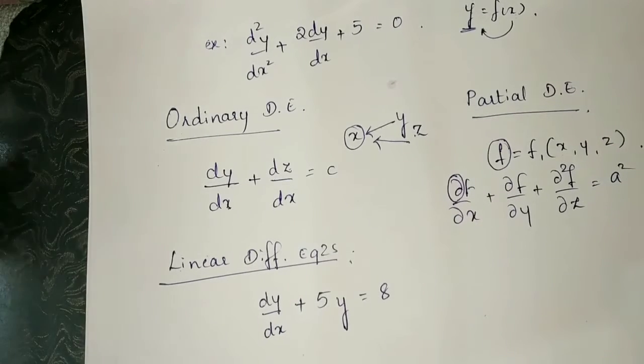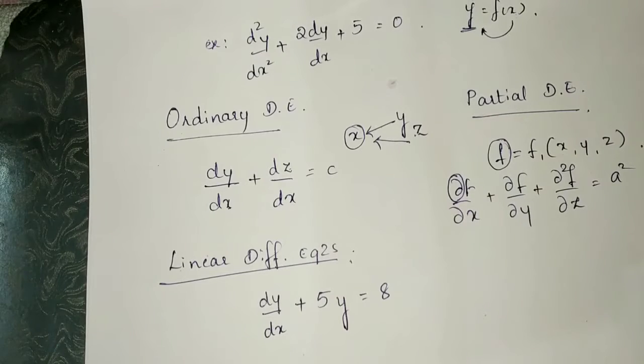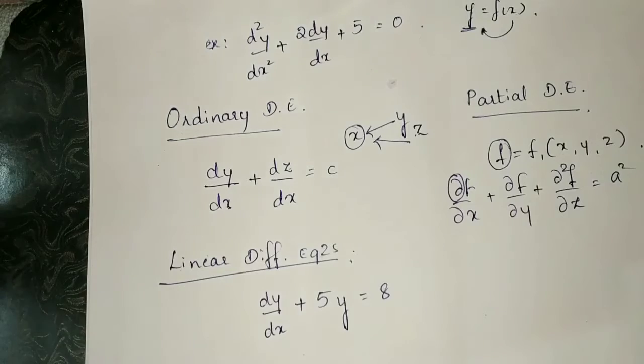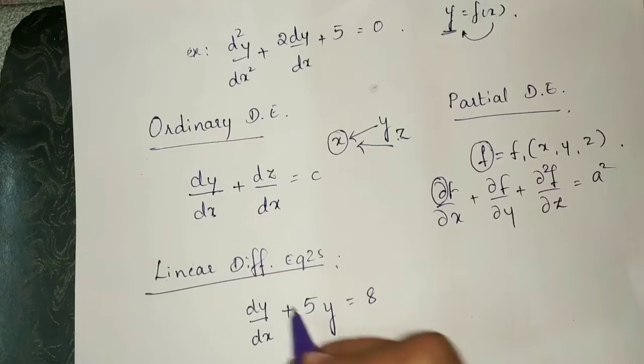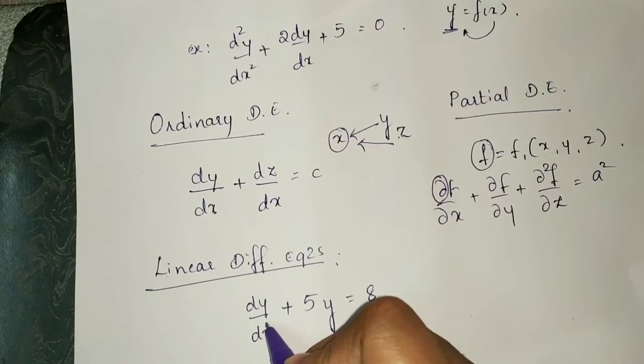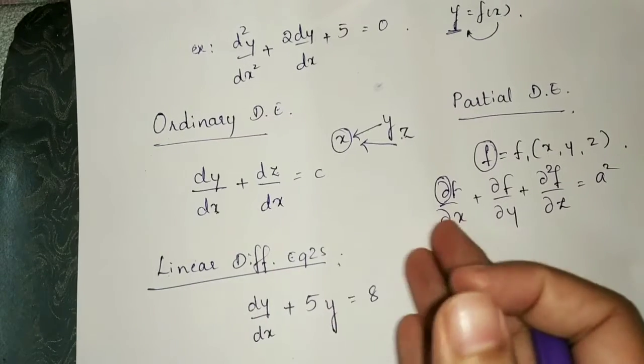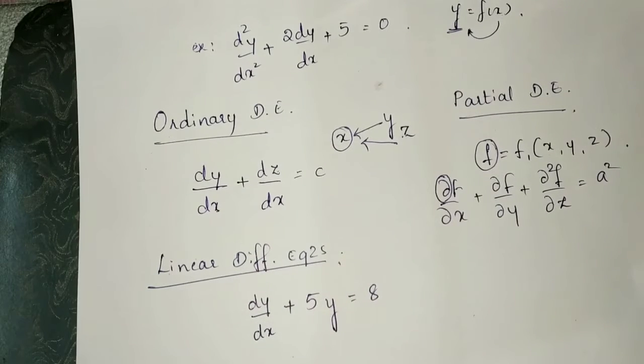I think you know the meaning of order and degree of a differential equation, right? What's the meaning? Please recall. The order of a differential equation is the order of the highest derivative involved in it. Here you can see dy by dx is there, which is the only derivative involved in this equation.